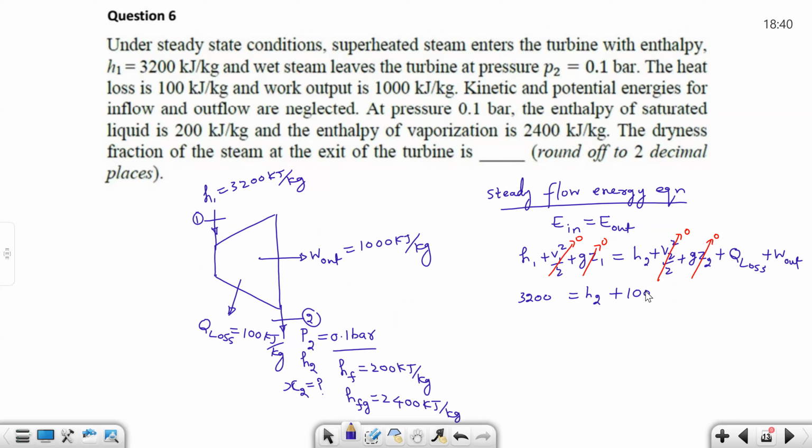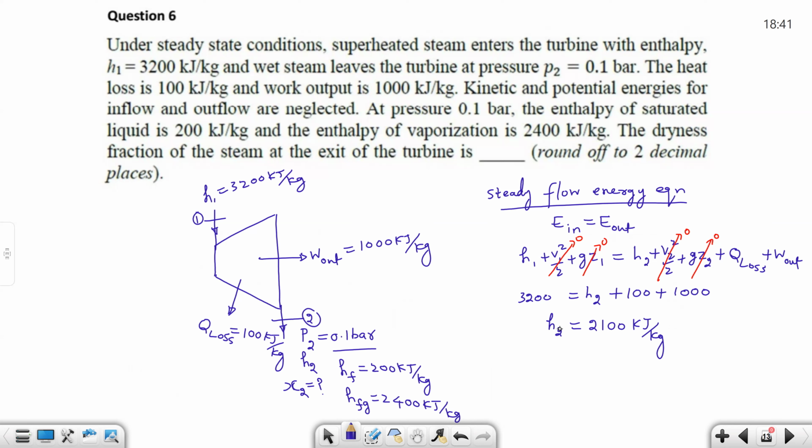So H2 is 2100 kilojoule per kilogram, and it is wet steam.